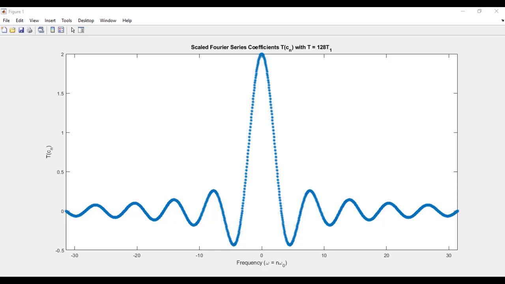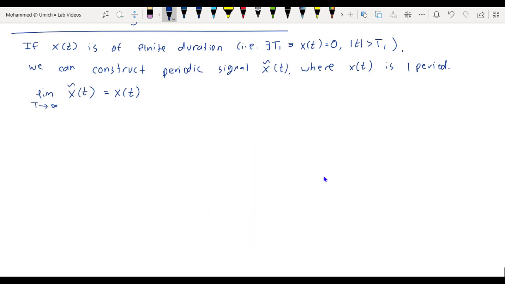And if I plot the scaled Fourier series coefficients for T equals 1024 times T1, pretty much the Fourier series coefficients have gone from a discrete spectrum to a continuous function of omega, as we can see here. And this continuous function of omega is what we'll call the Fourier transform of x of t, as we'll see in a little bit. Now let's try to quantify this.